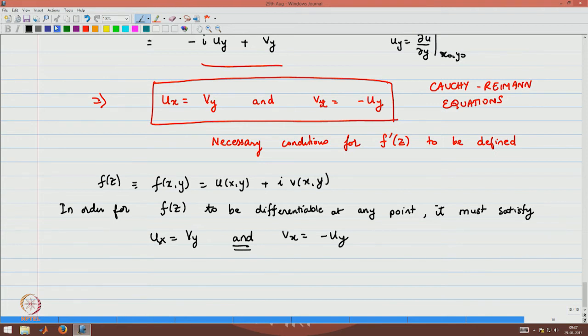And let me emphasize this, that differentiability in complex plane is a strong statement, okay, relatively strong statement.